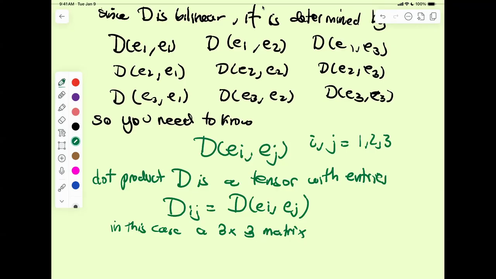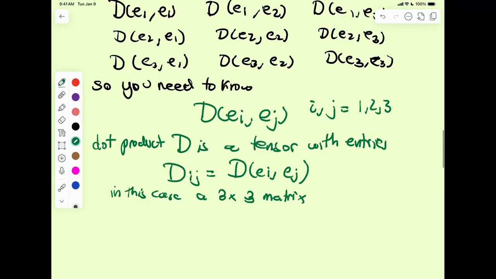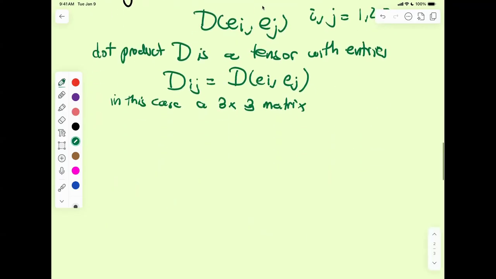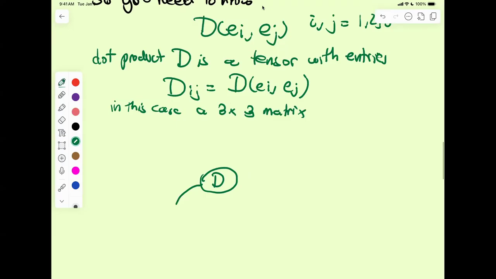So the operation you do with the matrix, with the two vectors. Just to go back to the tensor notation, if I'm saying this is a tensor, the way we were drawing it at the start of the course, it has two legs, or two edges.